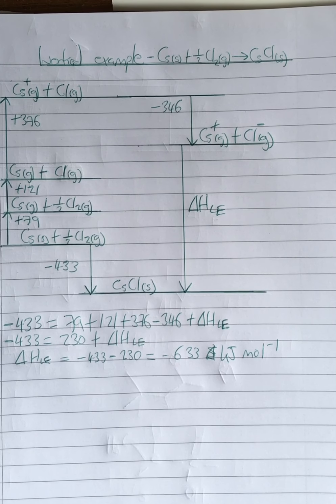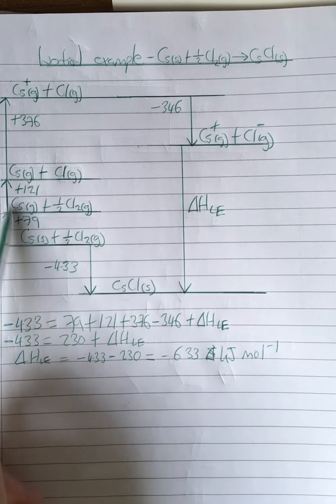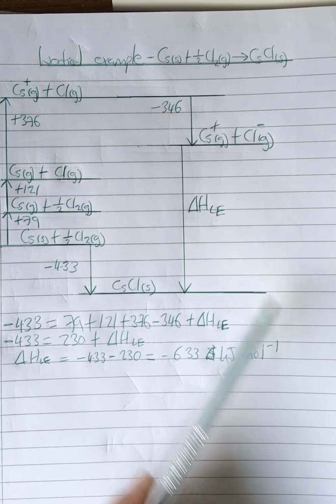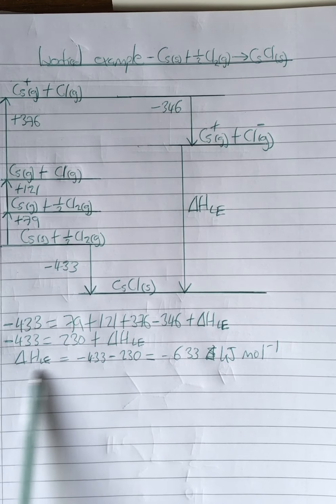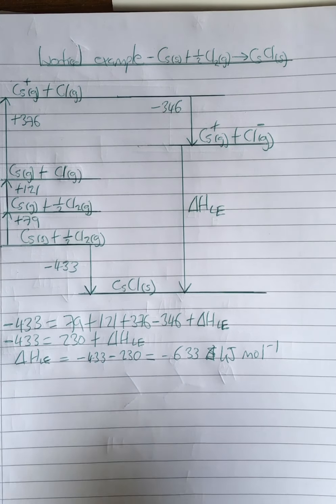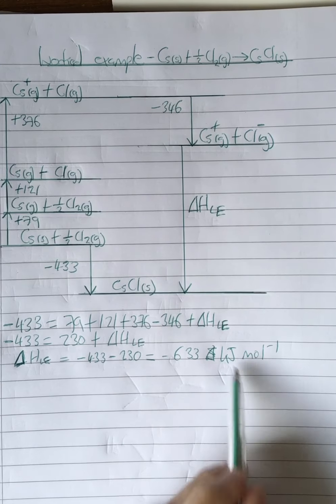Okay, so I've used the Born-Haber cycle. I've gone from enthalpy of formation and these other values to find the unknown here. I've equated the two, and I've got minus 633 kilojoules per mole as the enthalpy of lattice formation. Enthalpy minus 633.